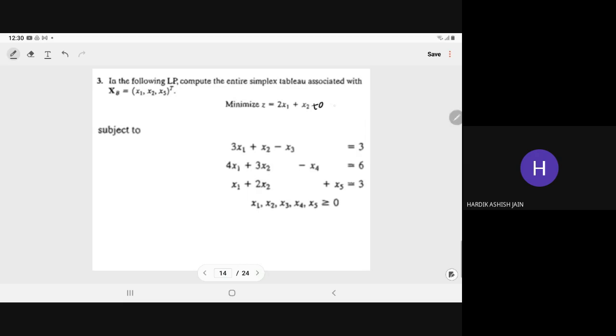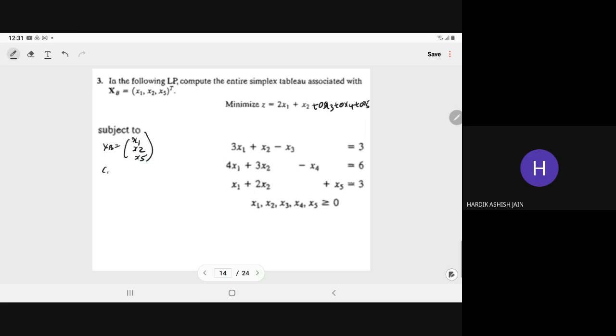If it is not written, then the coefficient is 0 for x3, x4, x5. Here xb is x1, x2, x5.